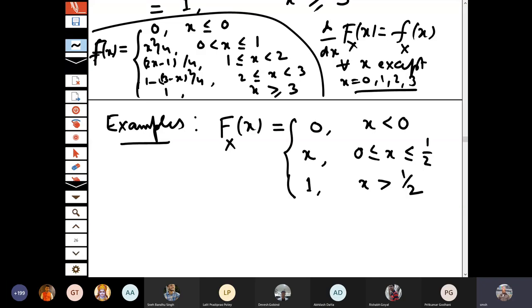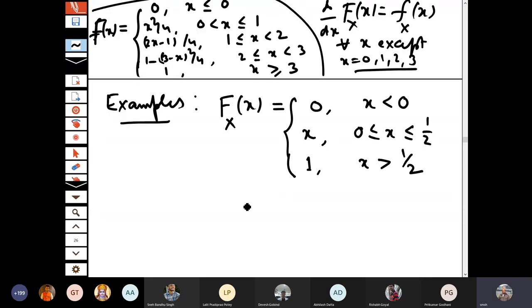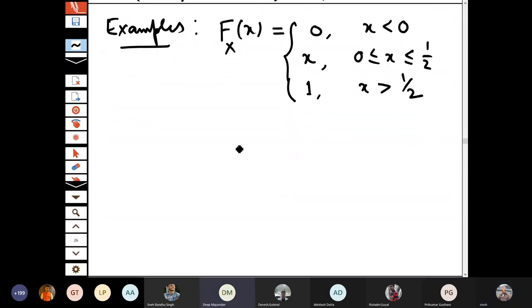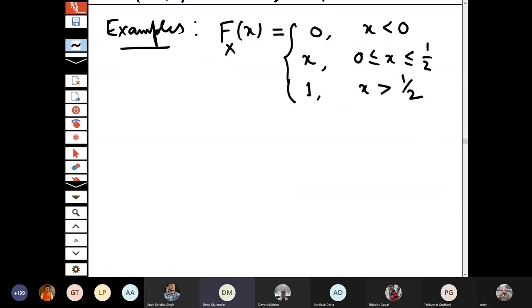Can you tell? It's a constant. Uniform random variable. Okay, uniform over what interval? 0 to half. So 0 to half, what is the density function?